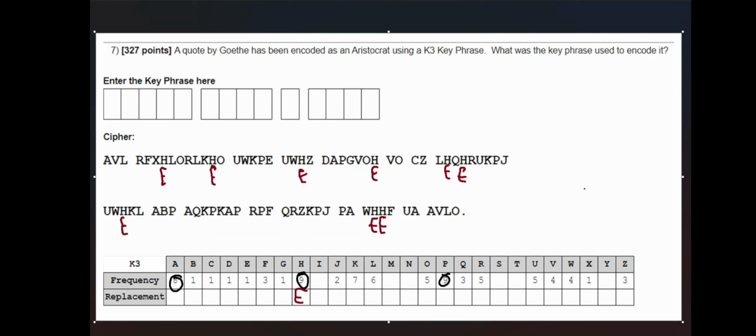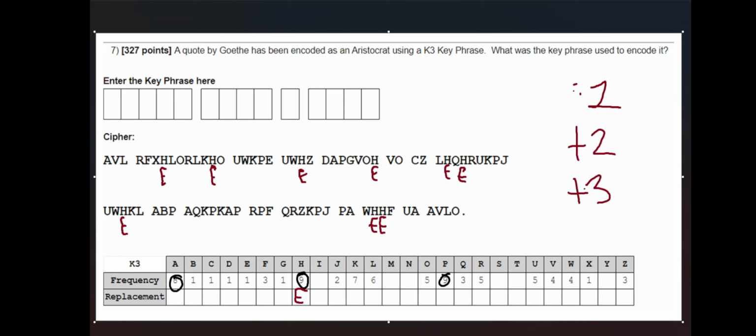And before I go on, I want to say that using the K3 alphabet, using the K3 key phrase, there's a few different sets that they use, offsets. This can be an offset of +1, +2, or +3.